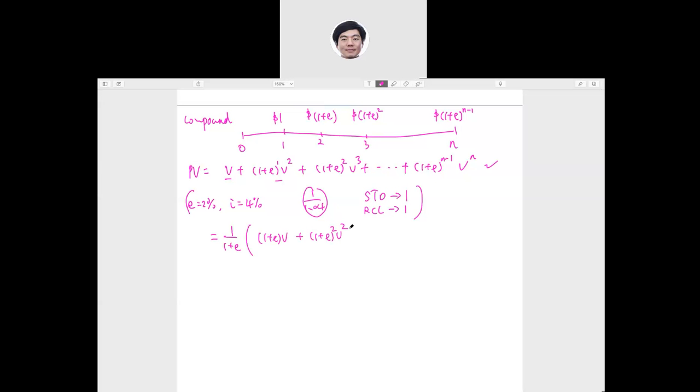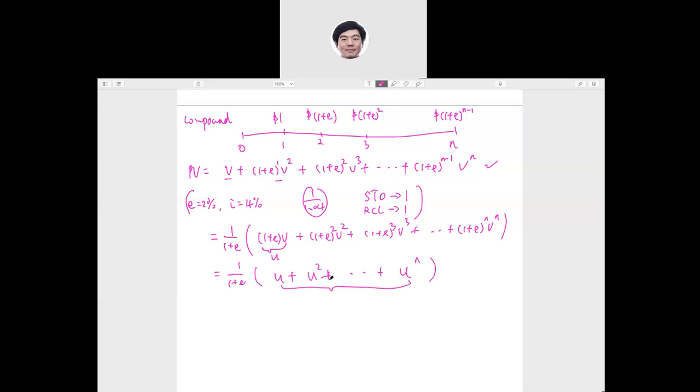See here, both of them are in square. For the next term, both of them are in cubic. So I now match them, right? Once I match them, I can use U to replace 1 plus E times V. And this is U squared, all the way to U to the nth.